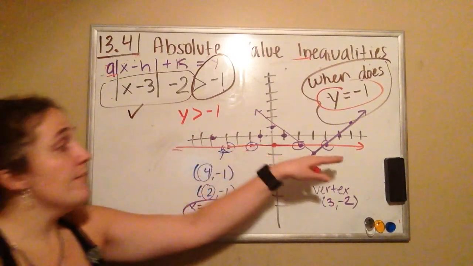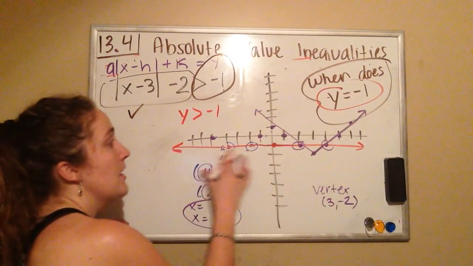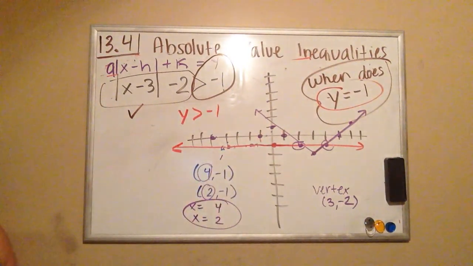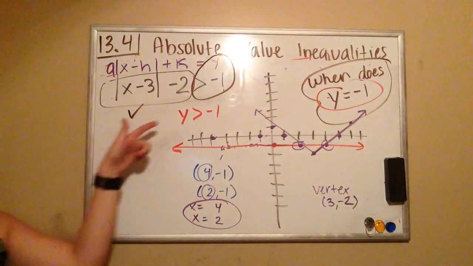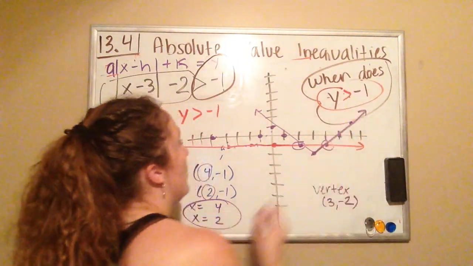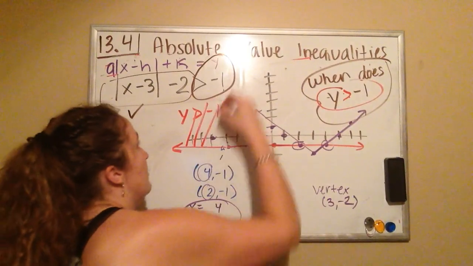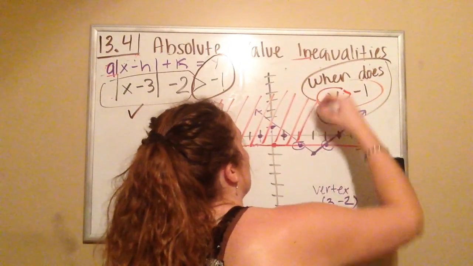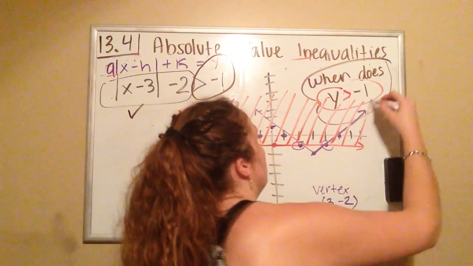Well, we already have the line y equals -1. Now we just have to include the shading, because when we graph inequalities, we shade an area. So y is greater than -1. Well, greater than is above. So that's all of this up here. So all of this up here is all solutions.